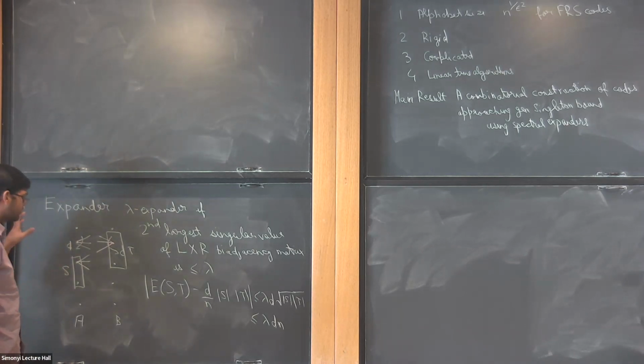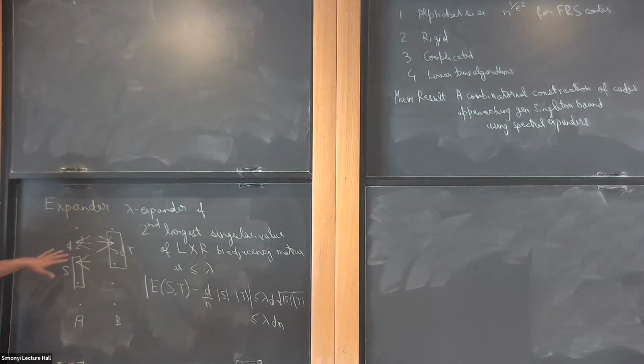And really, these expander graphs excel at what is called the local to global phenomena, where we put some objects in these local vertex neighborhoods, and then we get to see that property over the entire global graph. The main key point of the construction is a local to global phenomena for the generalized Singleton bound.